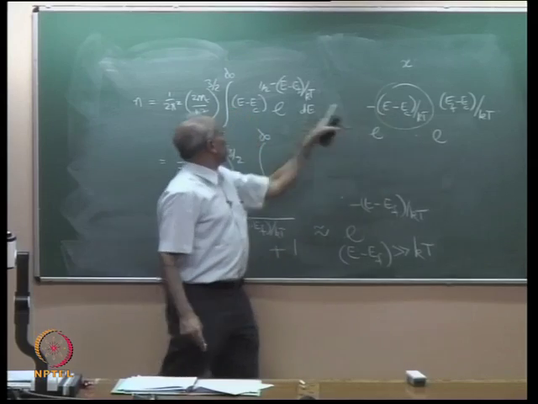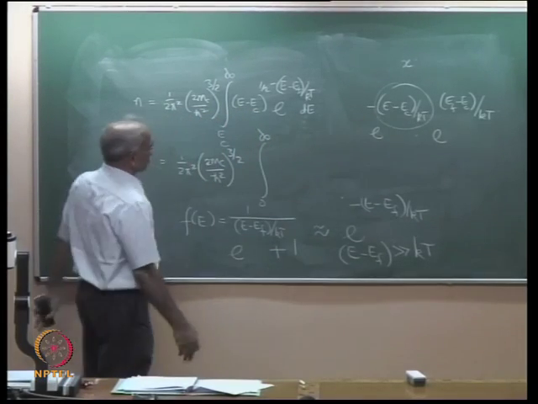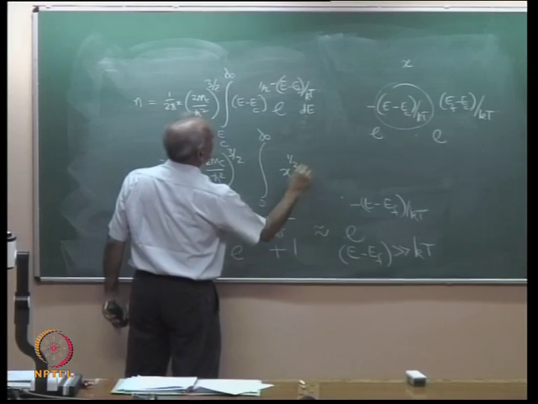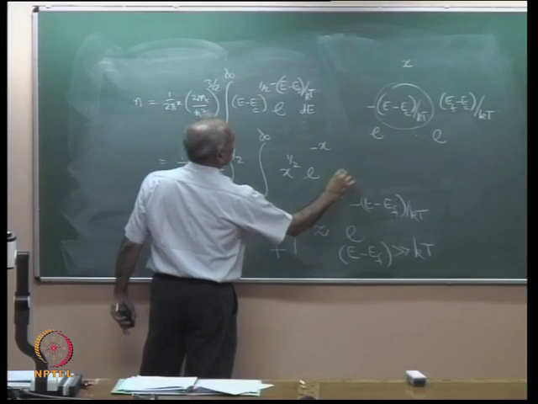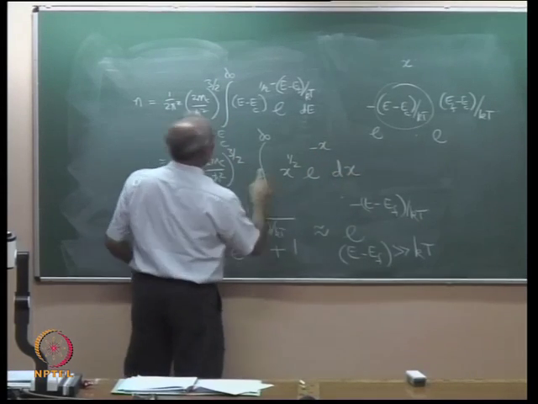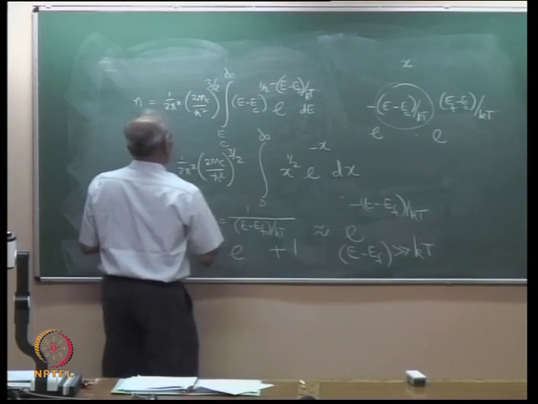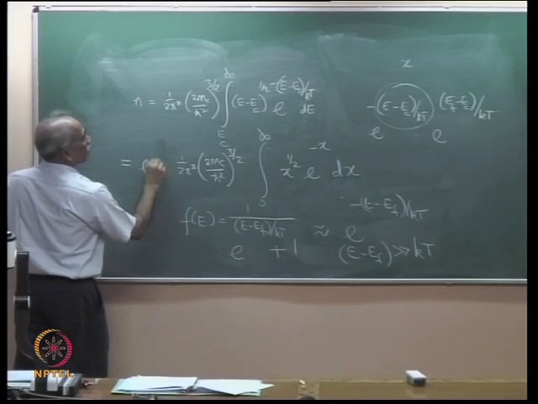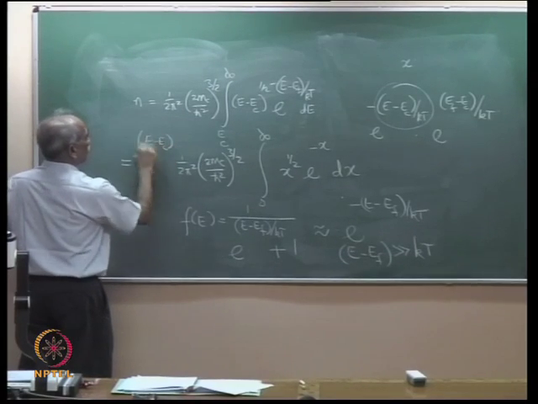Therefore, at E is equal to EC, lower limit, it is 0. So, 0 to infinity, this will be x to the power half and e to the power minus x dx into this term outside. Let me keep it here: e to the power EF minus EC by KT.